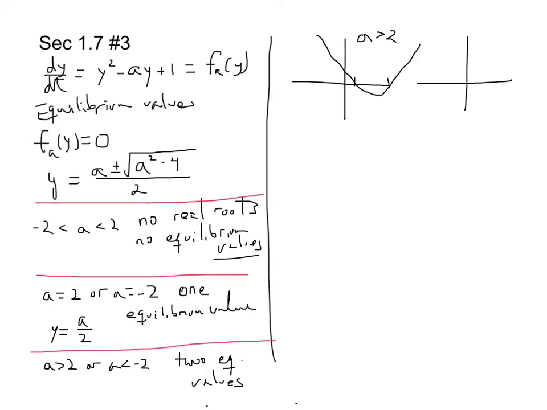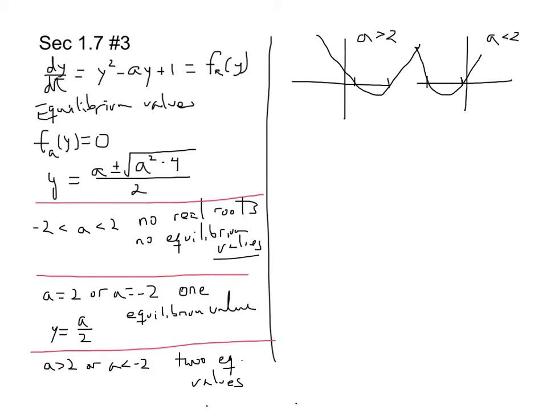And when a is less than minus 2, our pictures will look like this. And our roots will both be negative.